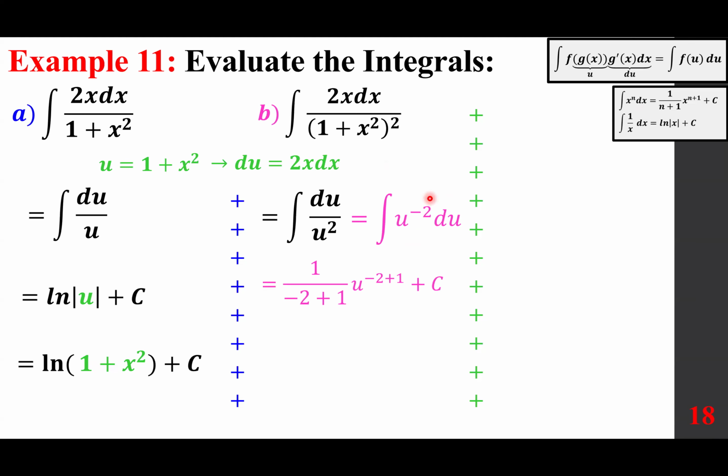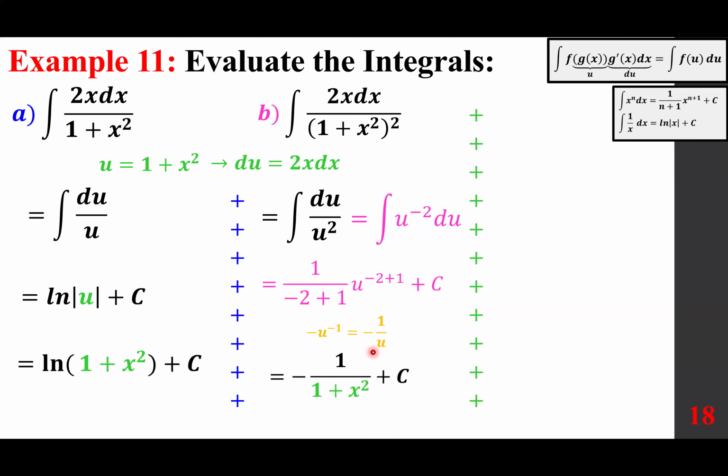Now, of course, minus 2 and 1 add up to negative 1. So this is negative 1, and this is 1 over negative 1, which is negative 1. So you're dealing with negative 1 over u. So negative 1 over, replace the u with 1 plus x squared, minus 1 over 1 plus x squared plus a constant.